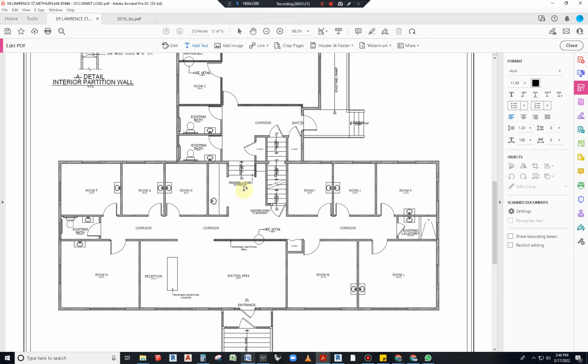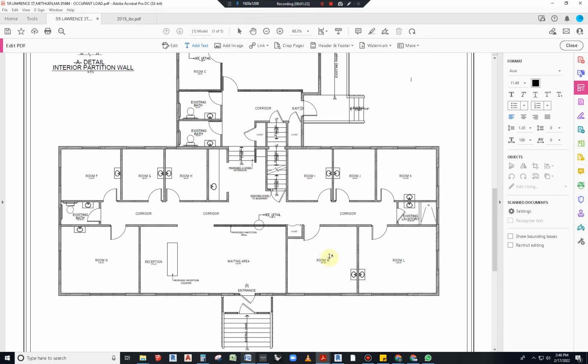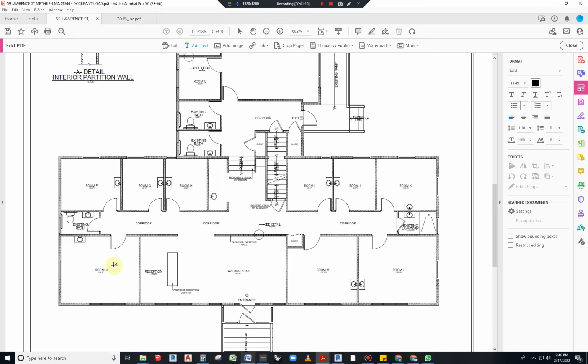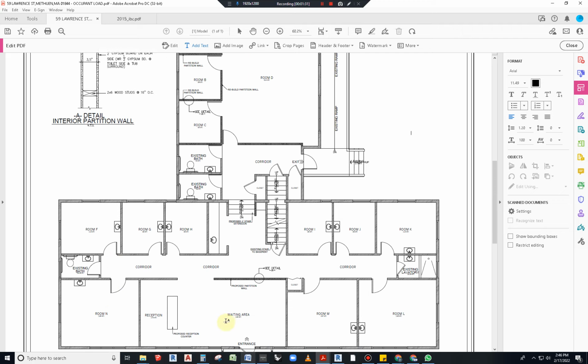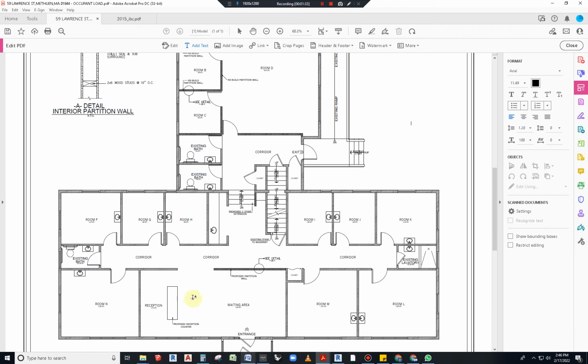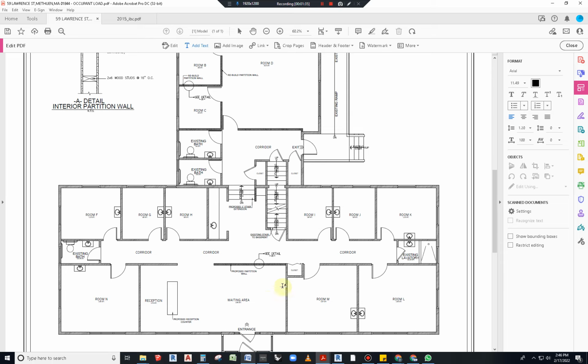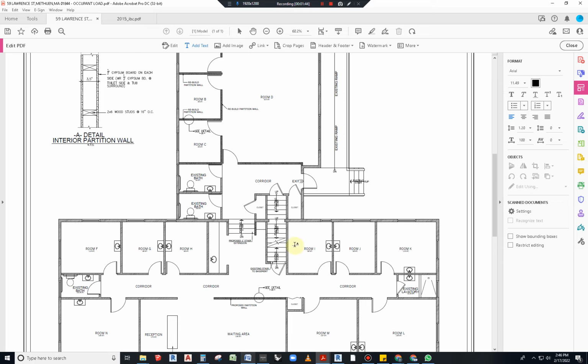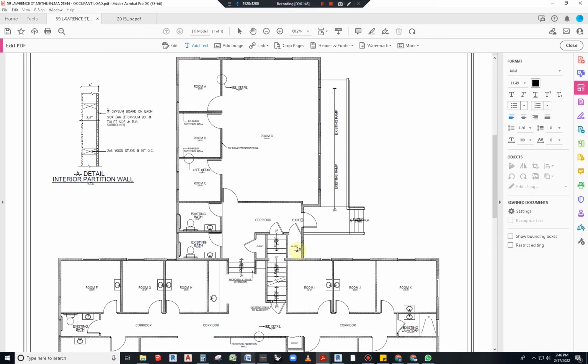So we're going to divide everything depending on the area. All of these rooms are business use, and then we're going to call the waiting area assembly, depending on whether there are fixed chairs or not. I don't think there are fixed chairs, so we're going to have a different number. So this is probably divided into just business and assembly.